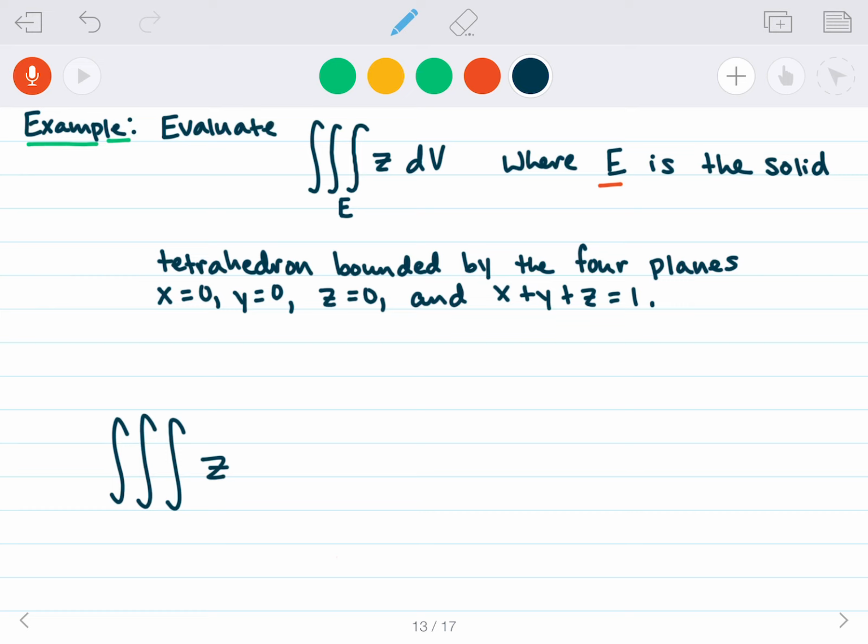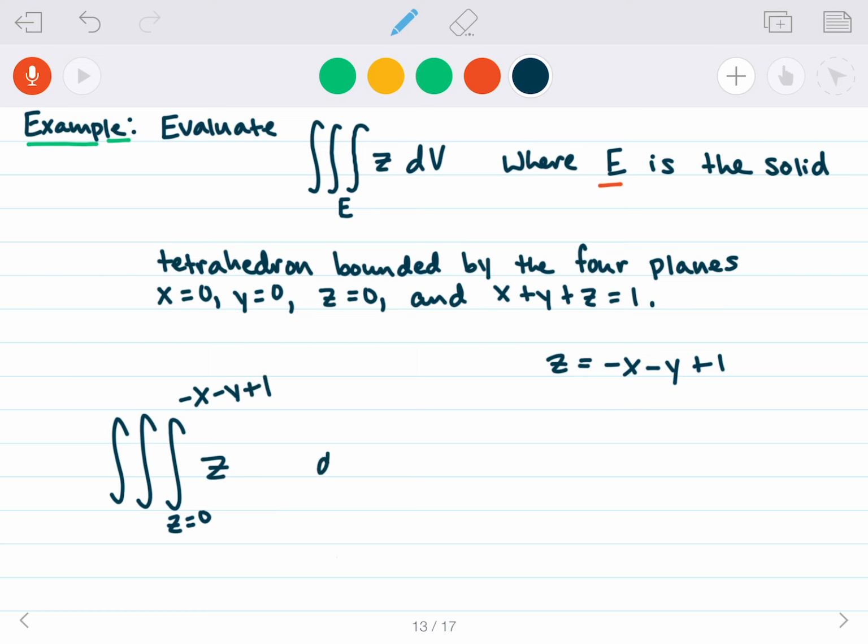I'm going to look at this in terms of z, because it looks like we can isolate z, and just to stay consistent with what we've been doing, we'll do this with respect to z first. So the lower bound on z is z equals 0. And if I isolate this equation for z, I get z is equal to negative x minus y plus 1. Okay, so that's my upper bound here.